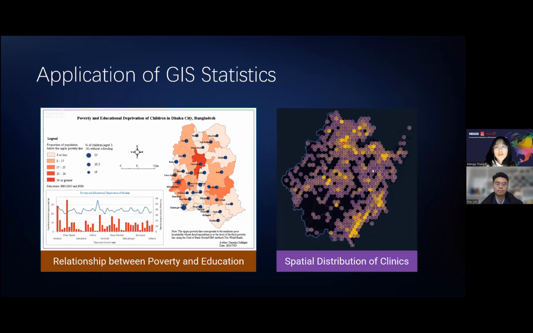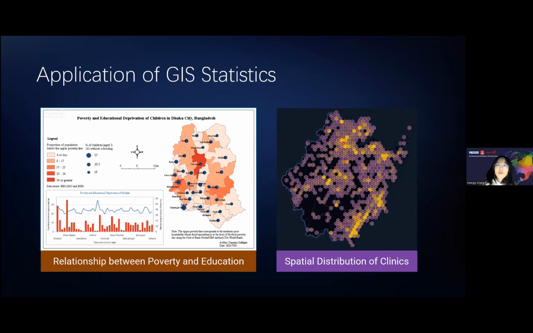And on the right, we can see the result of spatial distribution analysis for clinics, and it shows a clear unbalanced distribution of clinics, and thus we can use it as a reference to find or plan new locations for new clinics. So now let's move to our demo.